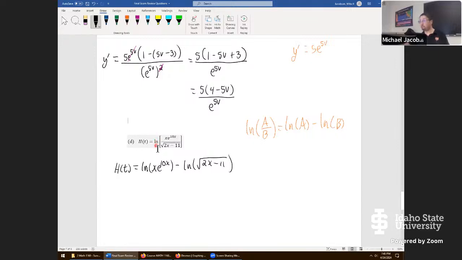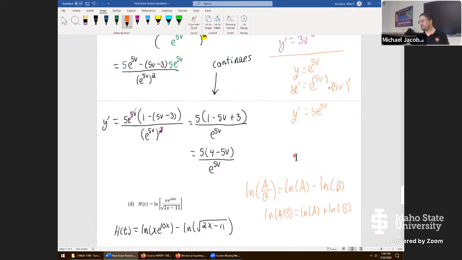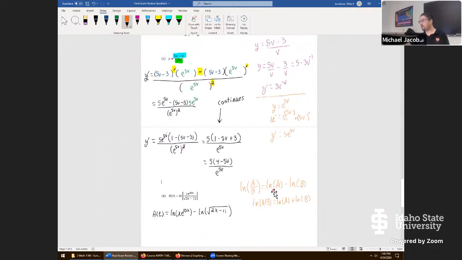Now we still want to do a couple more things. Right here, that's a product of two functions, and so now we can use the product rule of logarithms. That would be the rule that goes natural log of a times b equals the natural logarithm of a plus the natural logarithm of b. So we'll use that in a moment. But I did want to highlight one kind of cool thing about properties of logarithms, as well as, say, the quotient rule.